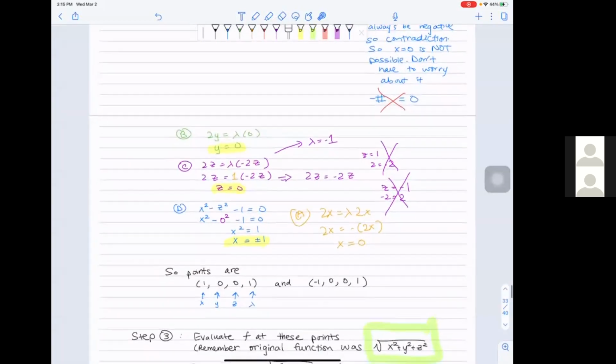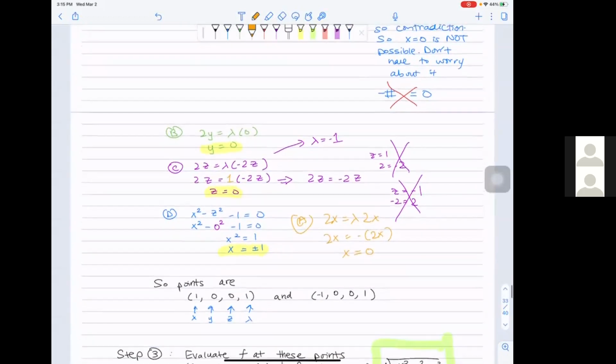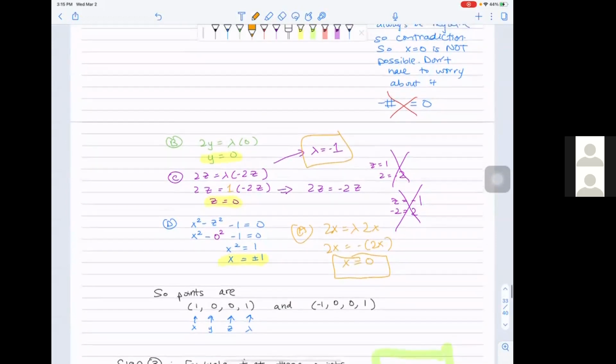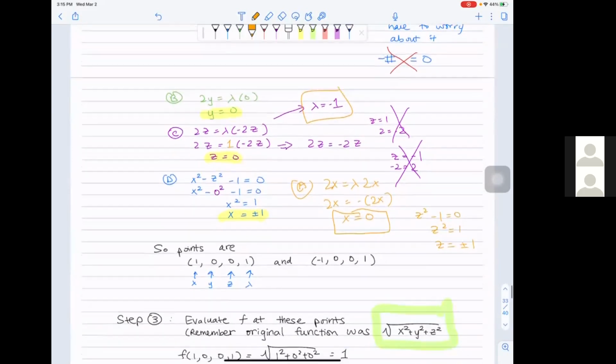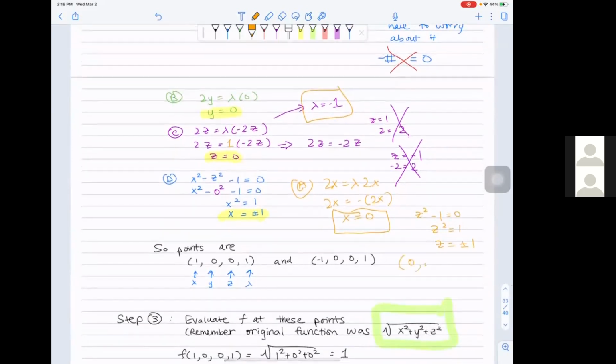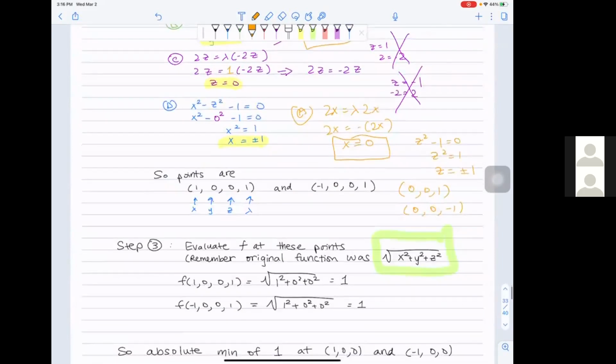Okay, wait. If you solve that, then you get this. Then you plug it in, so you get b squared minus 1 equals 0. b equals plus or minus 1. So instead you get 0, 0, 1 and 0, 0, negative 1.